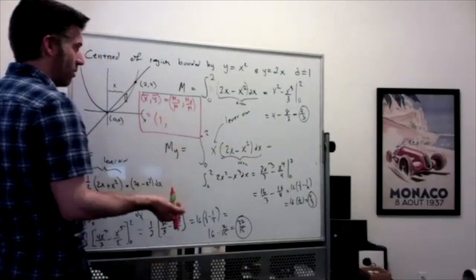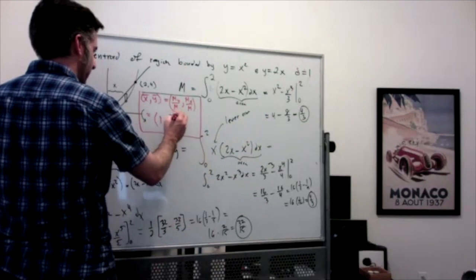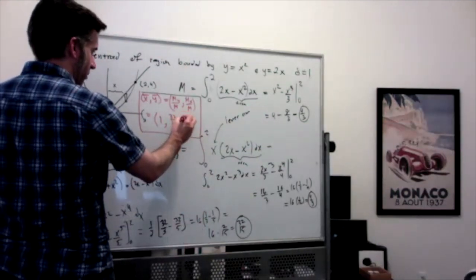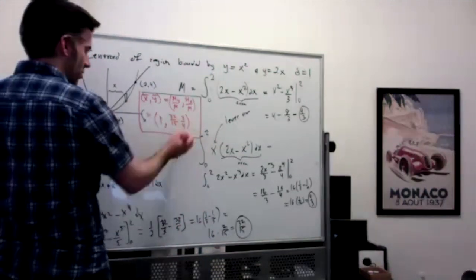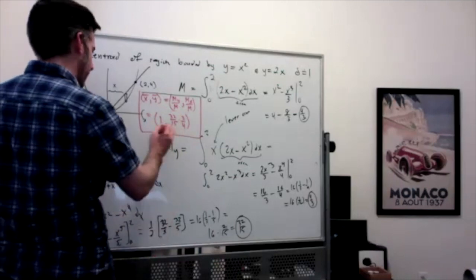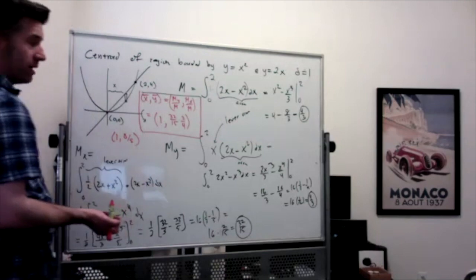And then the y coordinate is Mx, 32/15 divided by 4/3, which is like multiplying by 3/4. That reduces: 32 over 4 is 8, 3 over 15 is 1/5. So that's 8/5. So (1, 8/5) is my center of mass.